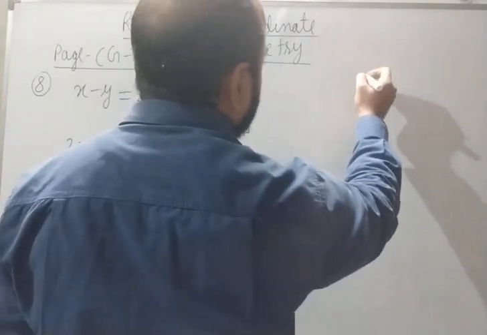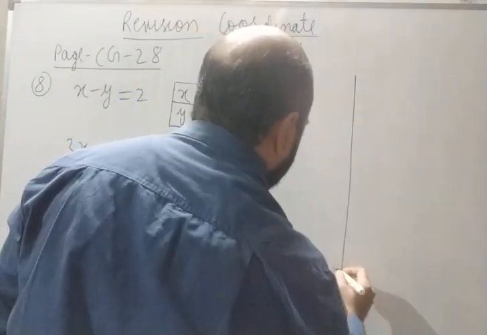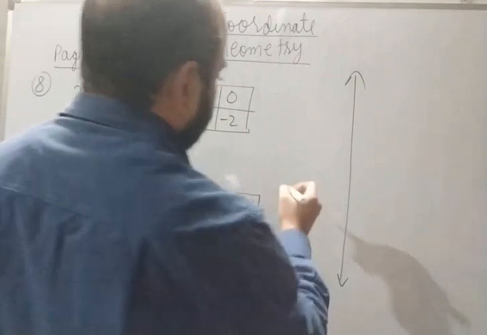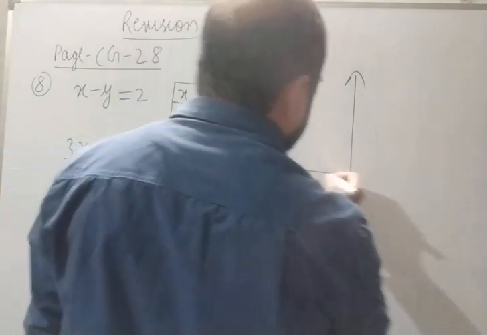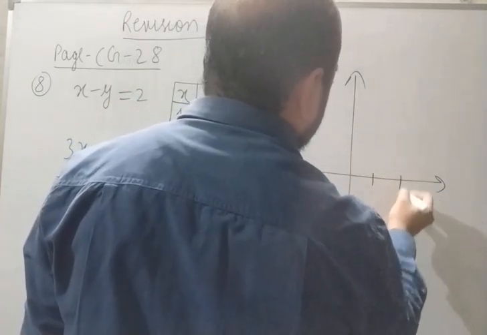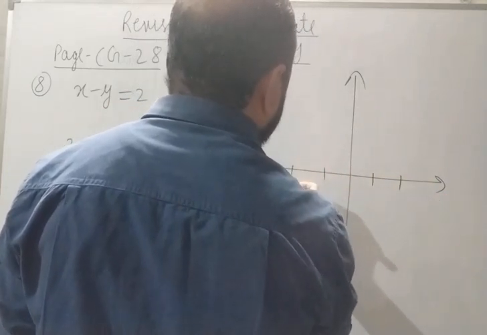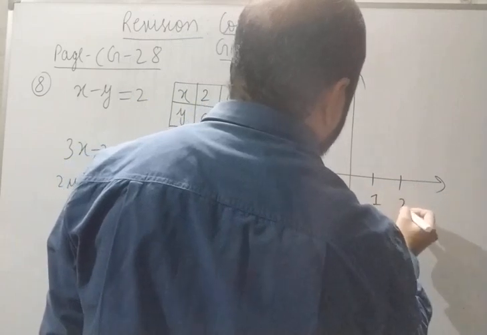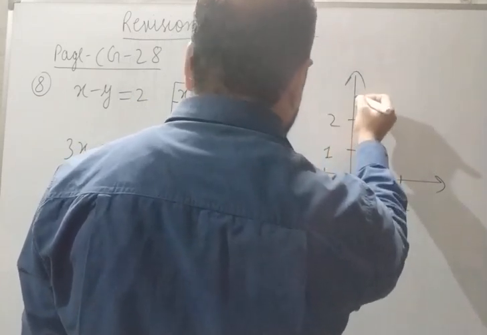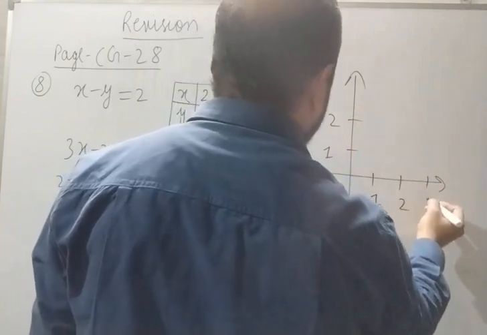Now plot the values on the graph. So we want 2, 0 and 0, minus 2. Like this you can take: here 1, 2, minus 1, minus 2. Here also 1, 2. One more we want, here 3.